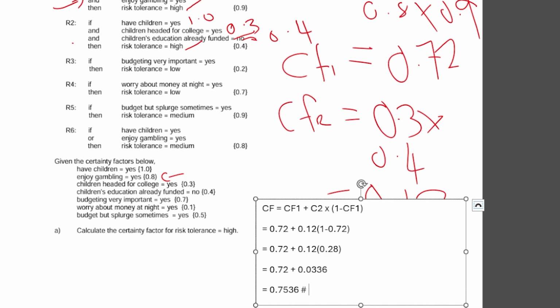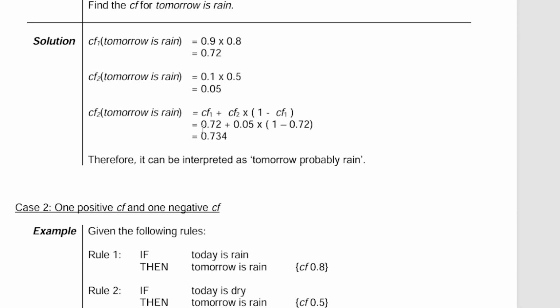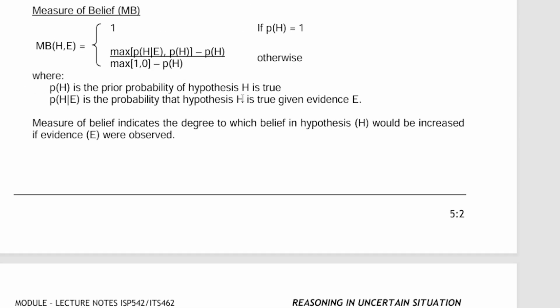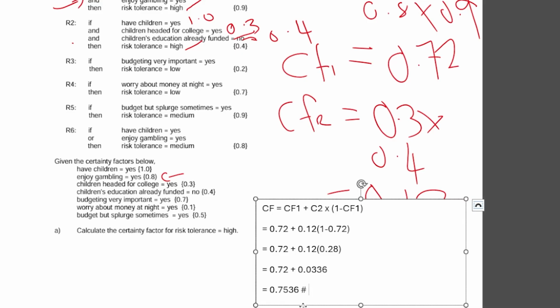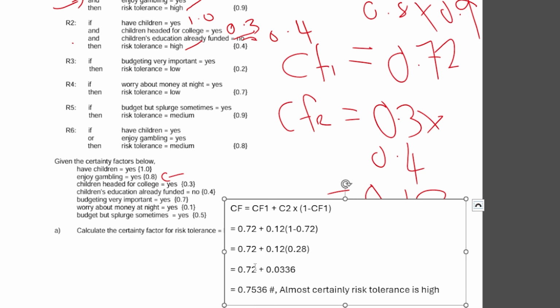If you look inside the table, this is almost certainly, risk tolerance is high. Okay, that's all for our tutorial today.